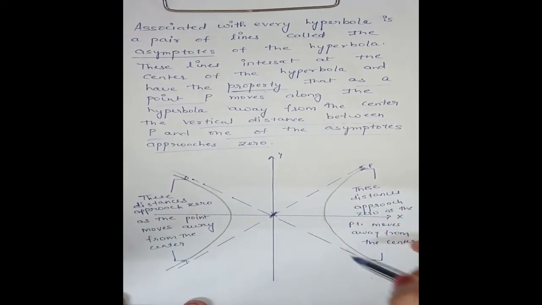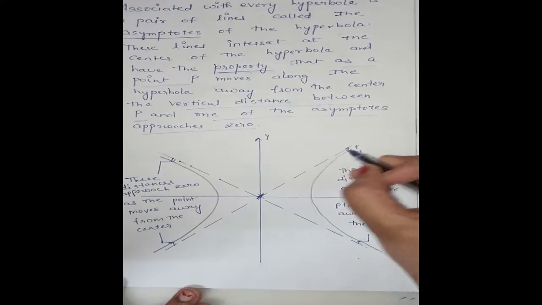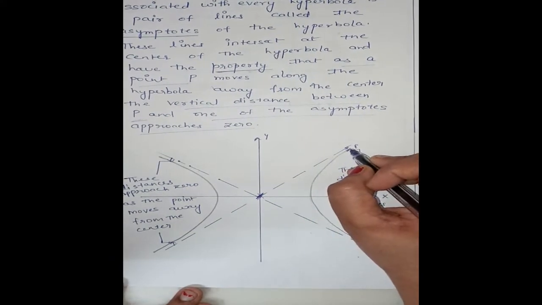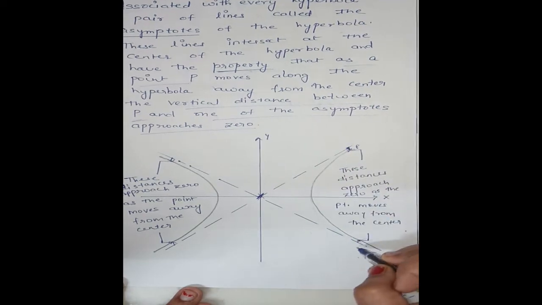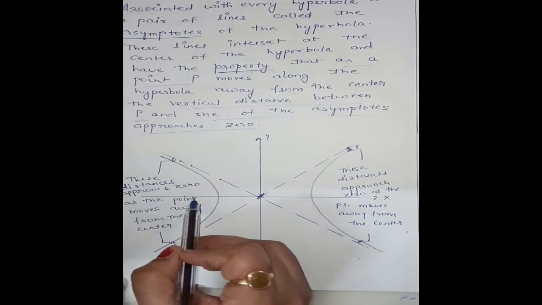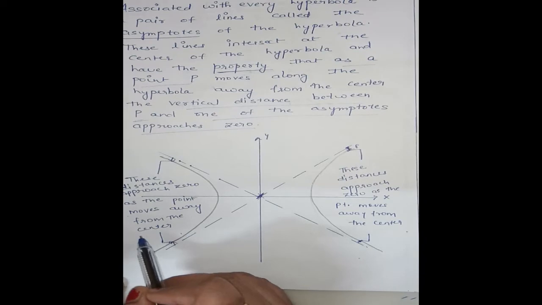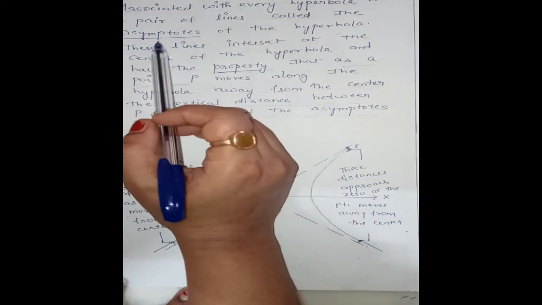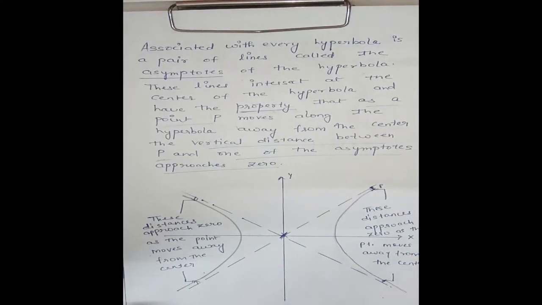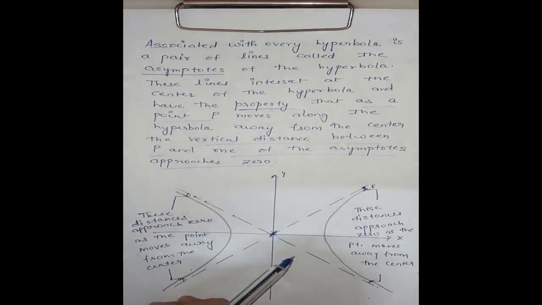These two lines are the asymptotes which intersect at the center. If we take a point P away from the center, then this distance tends to 0, and this distance tends to 0. These distances approach 0 as the point P moves away from the center. This is the property of asymptotes. So associated with the hyperbola, we have a pair of lines called the asymptotes.